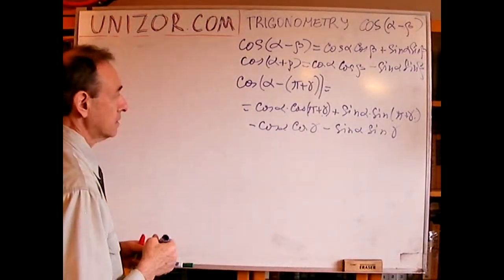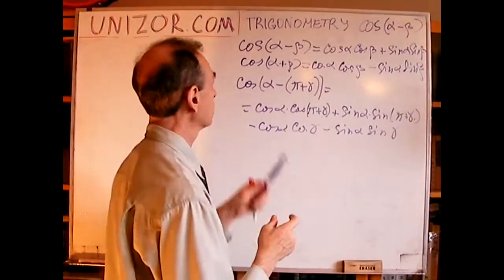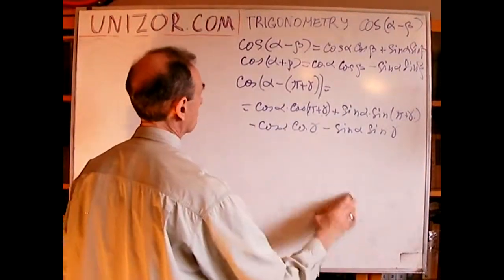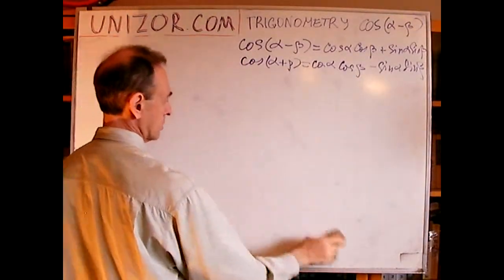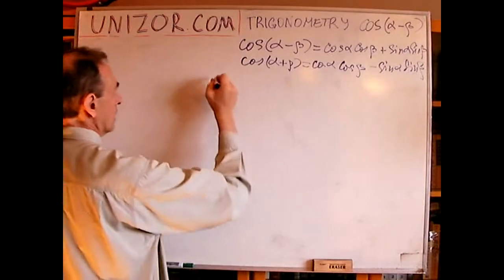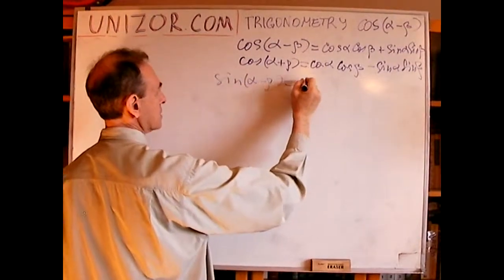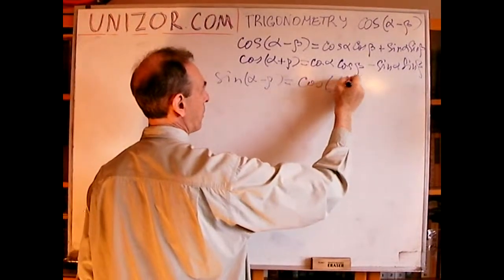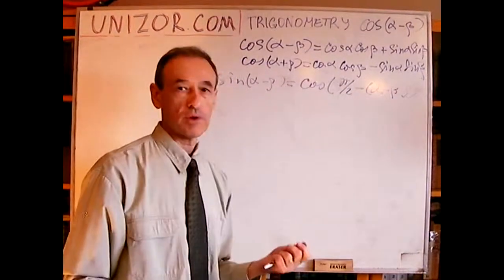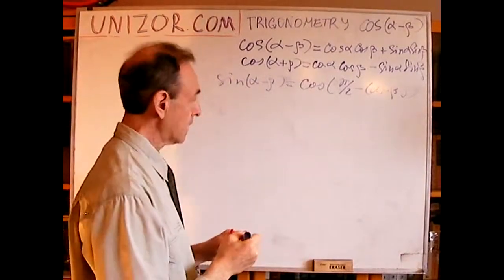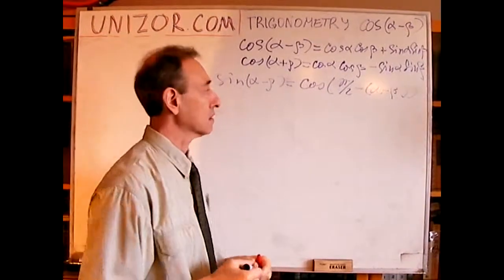So basically, oh yes, one more thing, sine. How can I obtain it for sine? Sine is also very simple, because sine of alpha minus beta is equal to cosine of pi over 2 minus alpha minus beta. Right? Remember this fundamental, sine of an angle is equal to cosine of pi over 2 minus this angle.